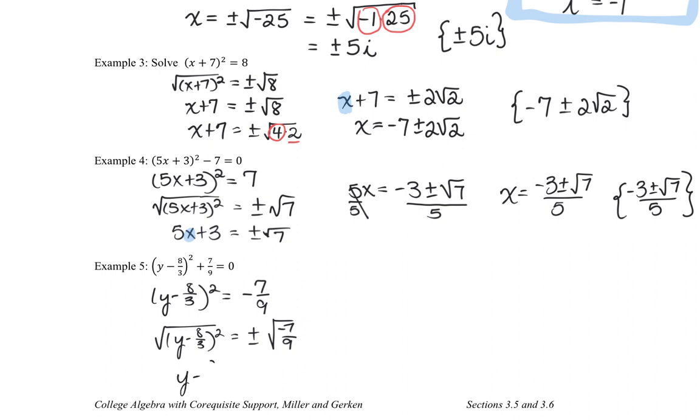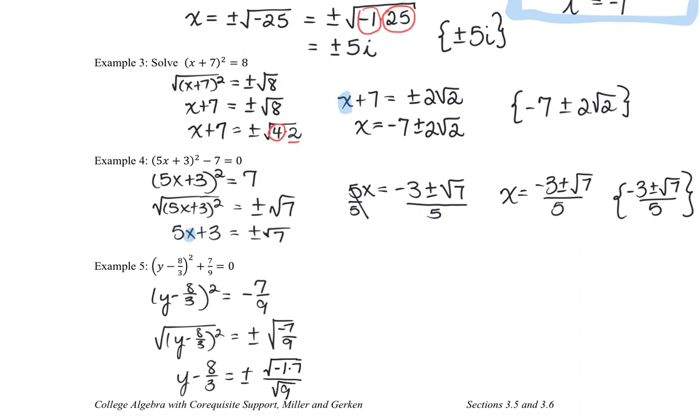I'm going to go ahead and write y minus 8/3, positive or negative. And then anytime I have a radical like this, where it's over a fraction, I can go ahead and take the square root of the top divided by the square root of the bottom. So positive or negative, negative 7 is going to be negative 1 times 7 over the square root of 9.